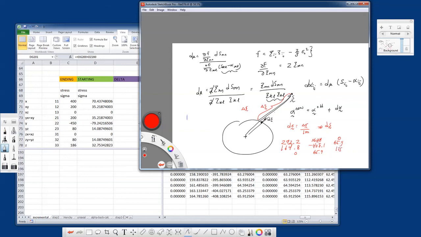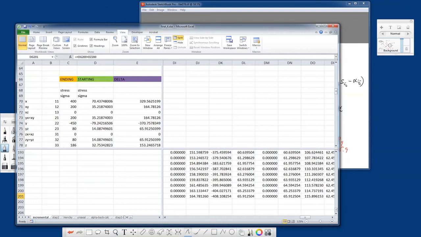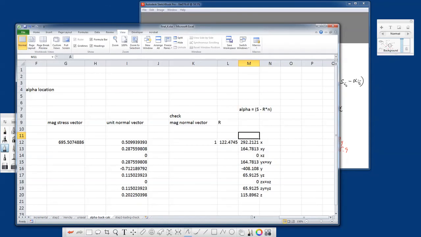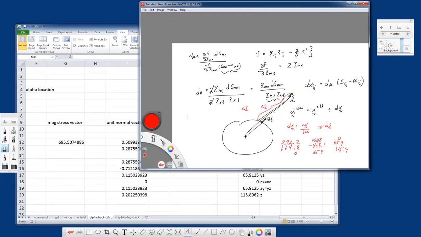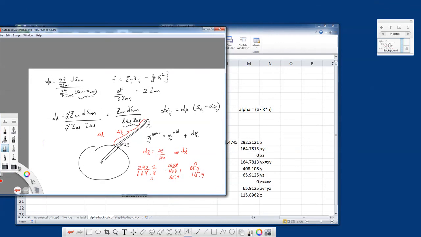Finally 115.9. Alright, let's go back to that other spreadsheet and check to see if we got the same thing. 292, 164, 0, 164, minus 408, 65.9, 0, 65.9, 115.9.